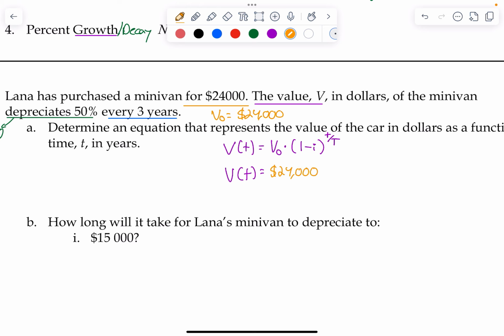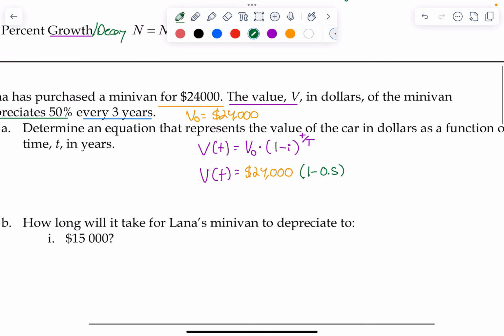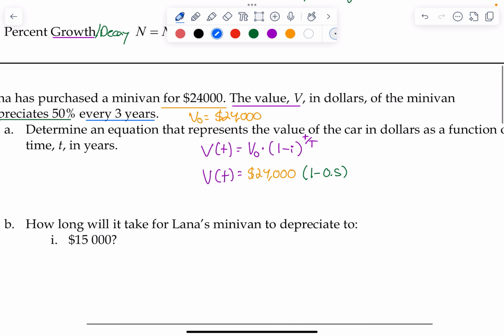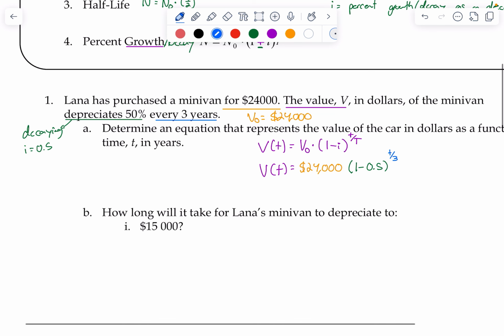That's what you bought it for. It depreciates by 1 minus 0.5. And then every 3 years that depreciation applies. So that is the big T on the bottom. So you can see color-coded where all those pieces of information came from.